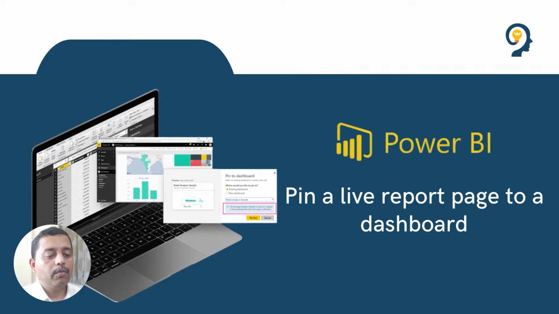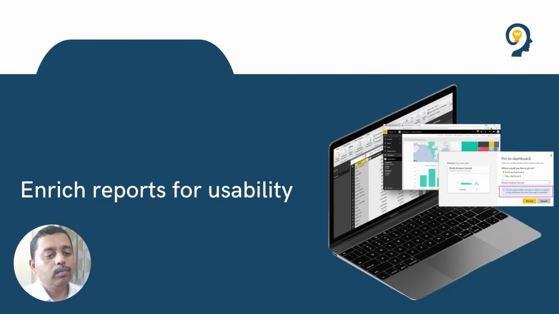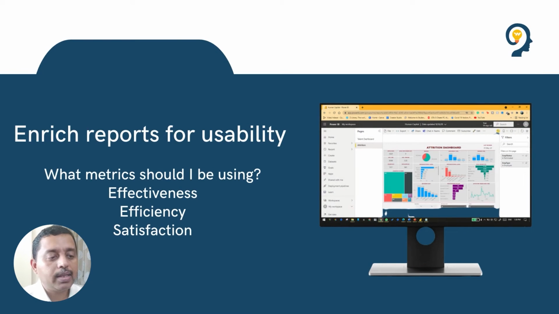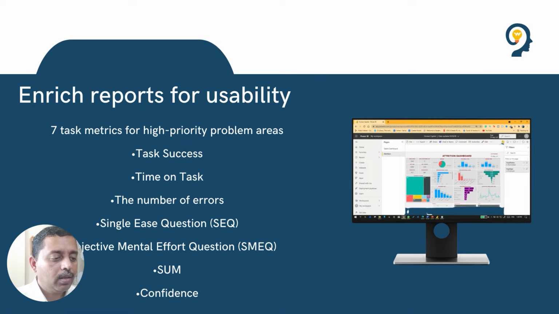Now what we need to do is go to the space wherein we will be putting this report to the cloud service and the dashboard, and then we will see how to increase and enhance the usability of it.